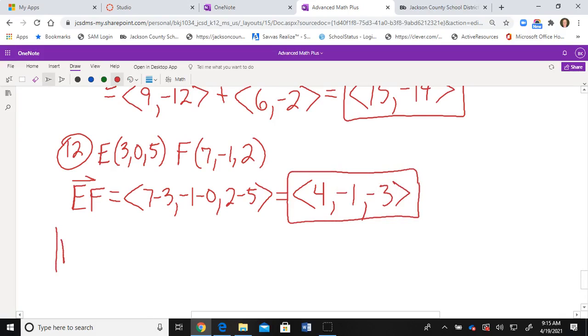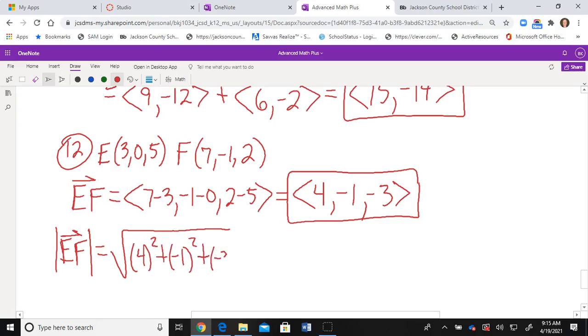Then to get the magnitude of that big vector, we take the square root of 4 squared plus negative 1 squared plus negative 3 squared. And we get the square root of, what is all that? 26. Which cannot be simplified.